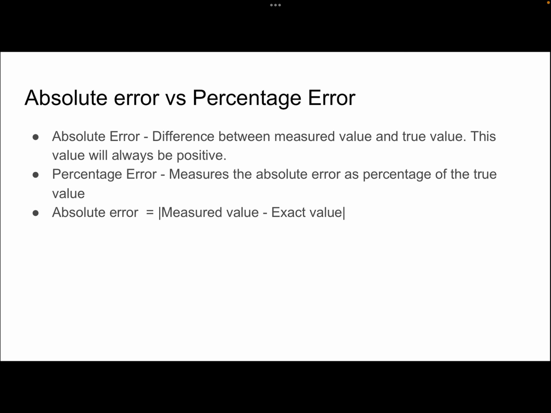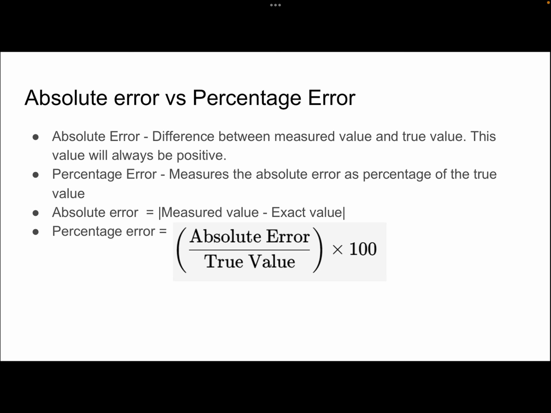That gives you a raw number. And percentage error is just taking the absolute error, dividing by the original or true value, and multiplying that by 100, because we're looking at it in the form of a percentage. So that's why you multiply by 100.